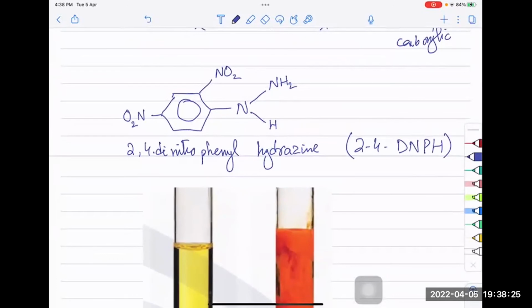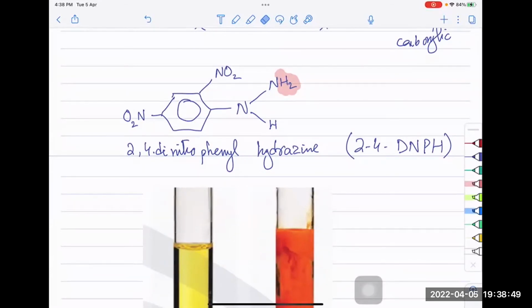So turns out, do you notice these two hydrogens? These hydrogens, if you can take them out and make water from them, that is called a condensation reaction. So whenever 2,4-DNPH does a condensation reaction, it gives us a precipitate.